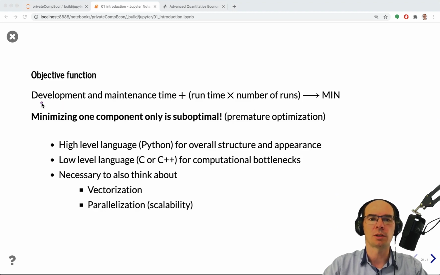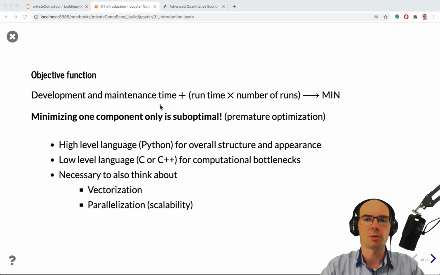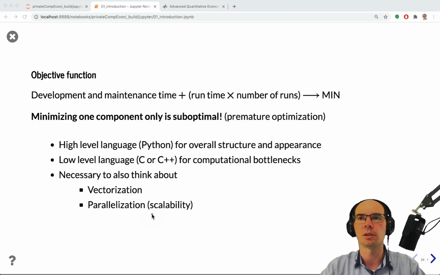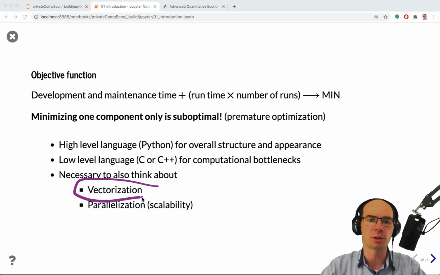And therefore, development and maintenance time is a really important component here, and this is what you really have to keep in mind all the time. In terms of trying to make the higher-level language faster, we always have to think about vectorization and parallelization, or scalability of the computations. And we will talk a lot about vectorization in this course and somewhat less about parallelization.